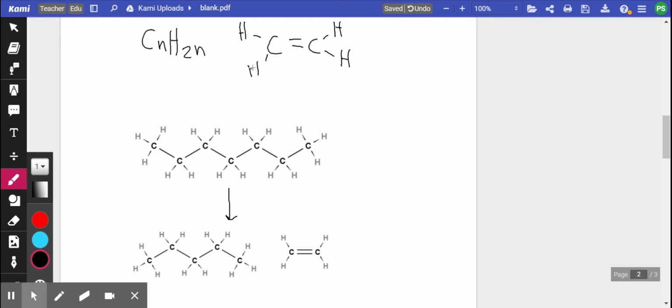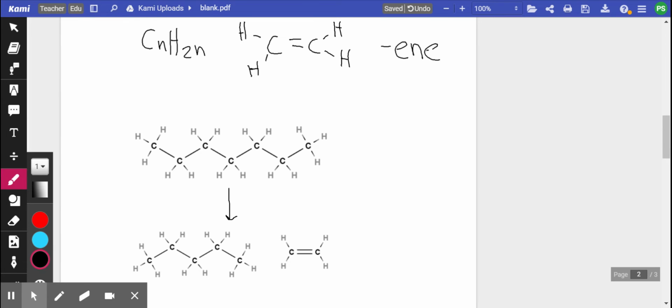Now, these functional groups, the naming ends with "ene," as opposed to "ane," which is the ending for the homologous series of the alkanes.